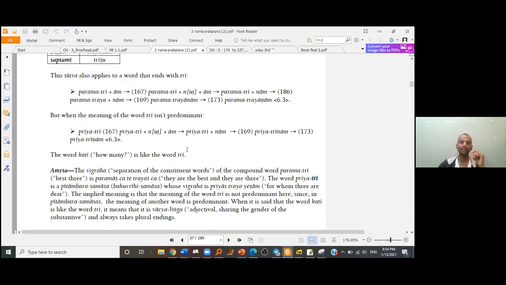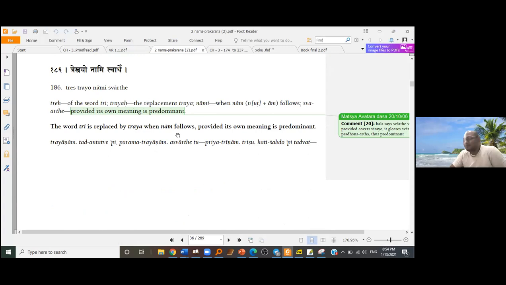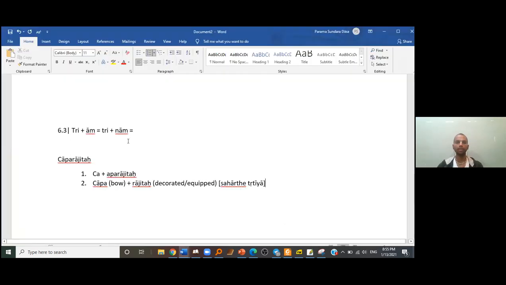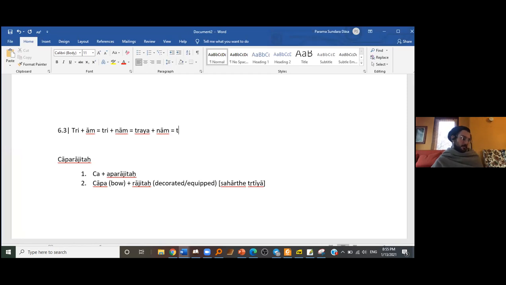So when it is Swa-Artha, three become Trayanam, and then we apply Vamanasya Trivikramnami, Traya, Nam.